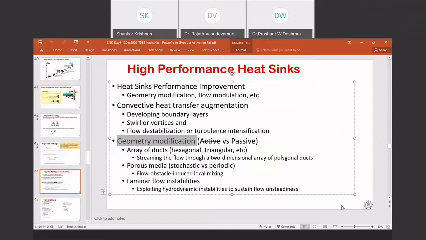The second one is porous materials. Anything you can envision as a porous material, even the array of ducts can be seen as one.